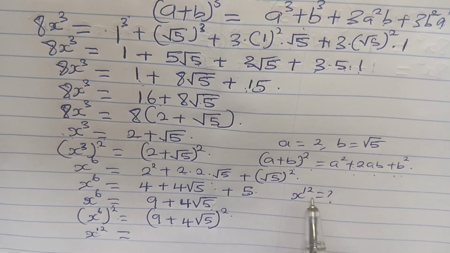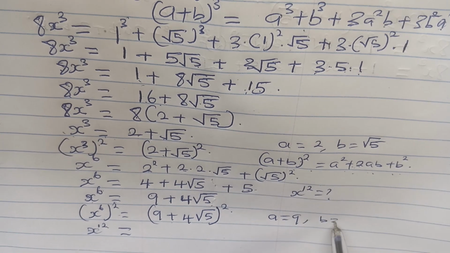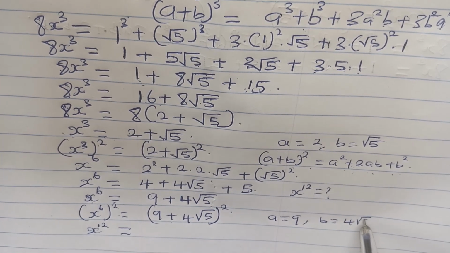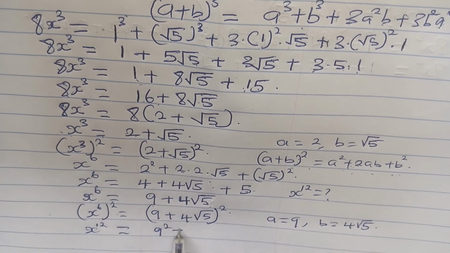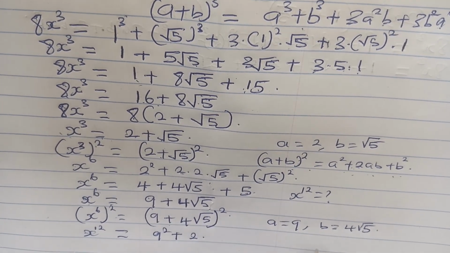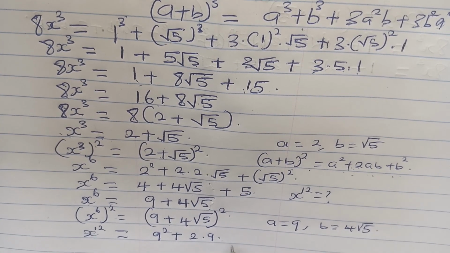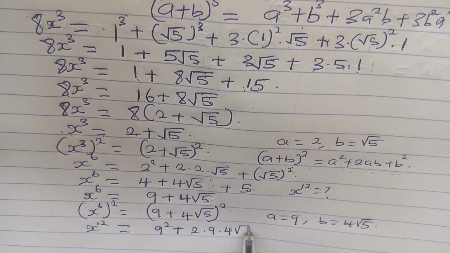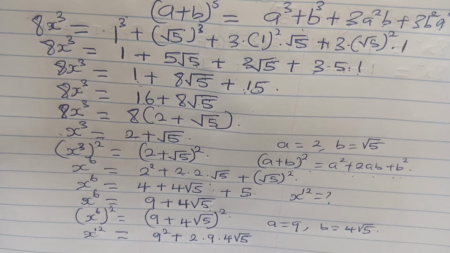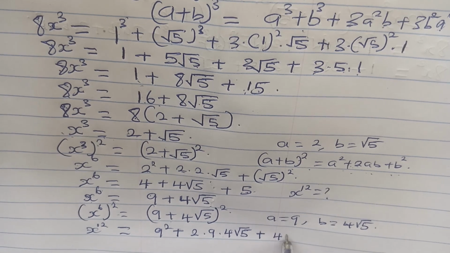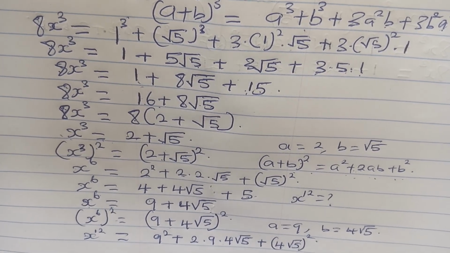So if we put this identity here, where our a is equal to 9 and our b is equal to 4 root 5, it becomes 9 squared plus 2 times 9 times 4 root 5, plus 4 root 5 all squared.